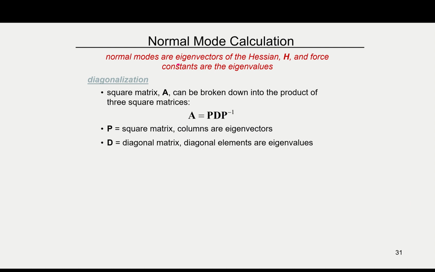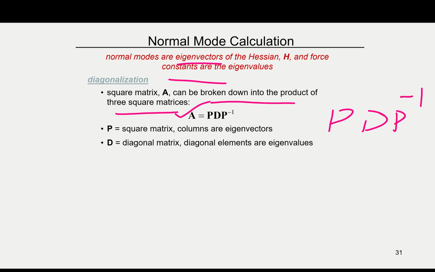Diagonalization: we talked about diagonalization before, but you should know a little bit here. A square matrix A can be broken down into the product of 3 square matrices, P, D, and P minus 1.